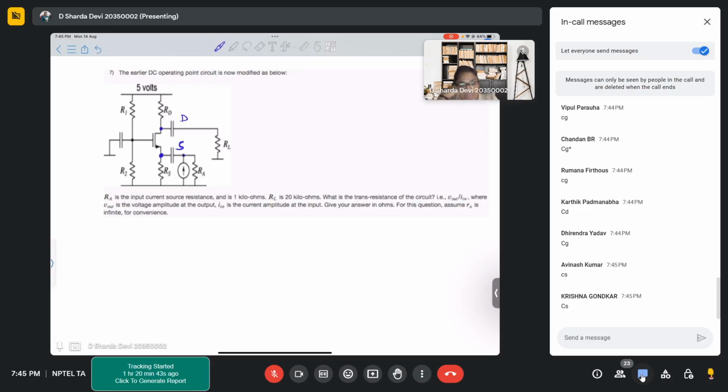And when we are using it as an amplifier, we consider that it is for small signal, right? So all the capacitors will be shorted and your gate is at ground. Now, when your input is from source and your output is from drain, what type of configuration is it?